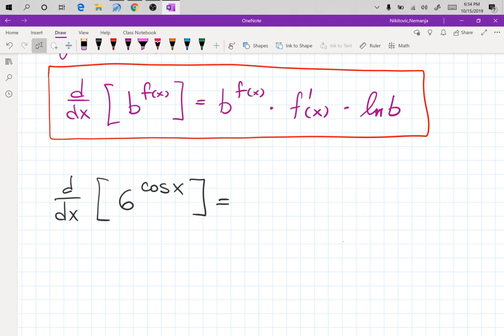Do we all see the Control-C, Control-V part? Right? Control-C, Control-V, get the derivative, put ln of 6 and be done.